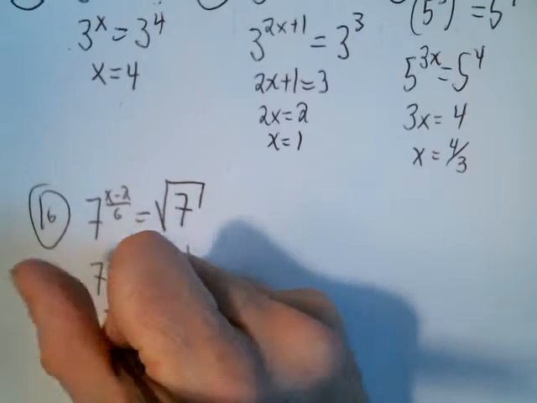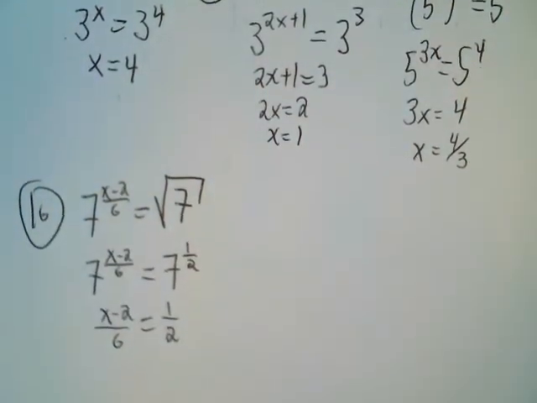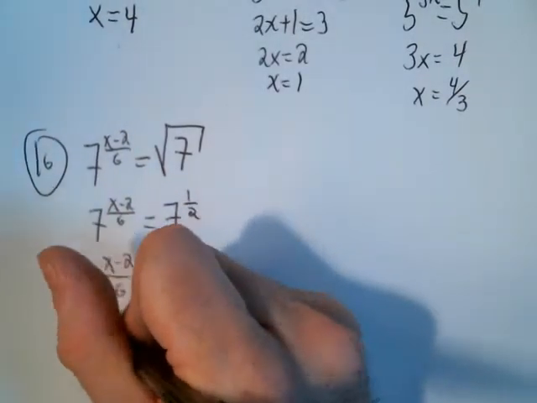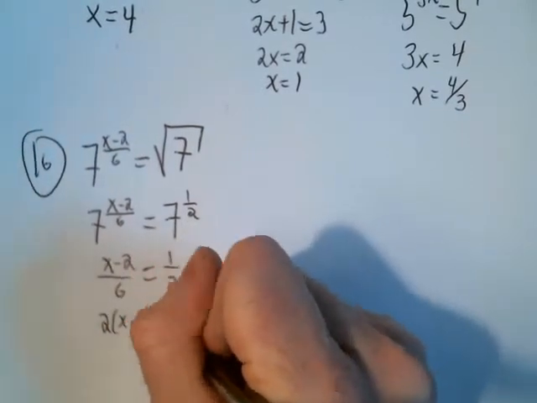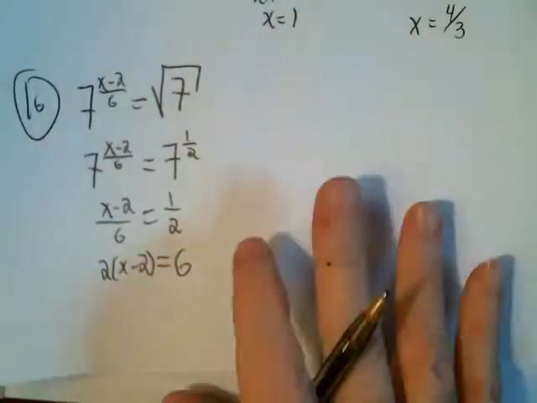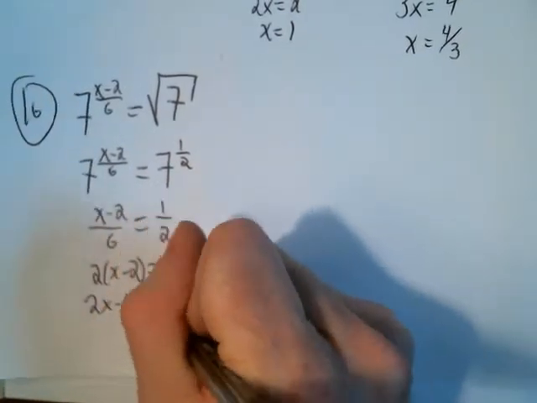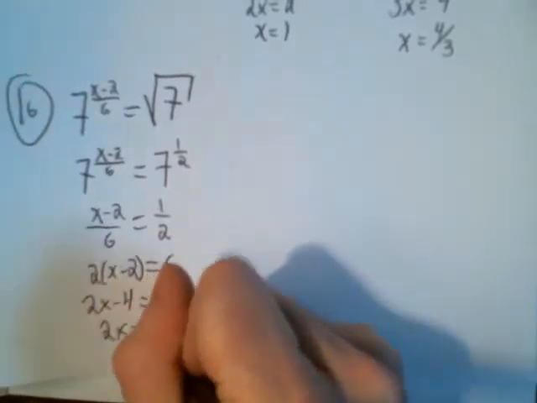So you get (x minus 2) over 6 equals 1/2. If you'd like, you can cross multiply. So you get 2 times (x minus 2) equals 6 times 1. So distribute, 2x minus 4 equals 6, and then 2x equals 10, and then x is 5.